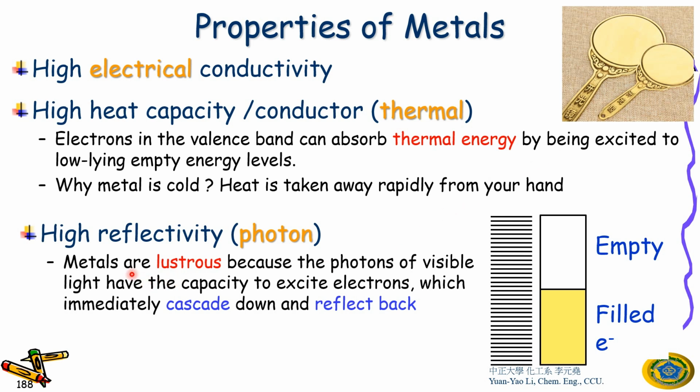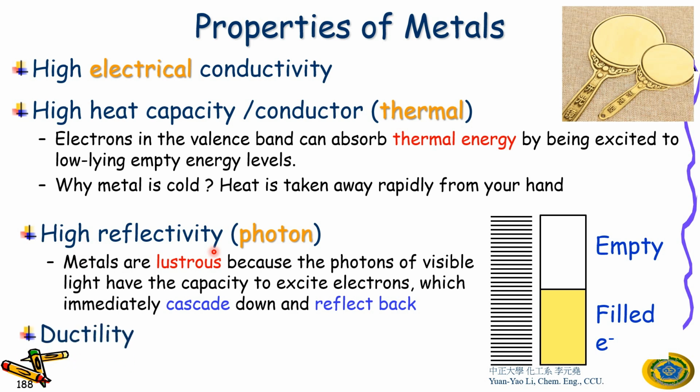Because metal can absorb this energy and make the electron go up, and because this is not stable, if you don't apply electricity, if you don't apply a potential to this metal, this electron will drop, and this is what we call cascade. And if you cascade, you will deliver the same energy as the energy that went into this metal, and this photon will reflect back to you, so you can see yourself. That's why this is what we call high reflectivity.